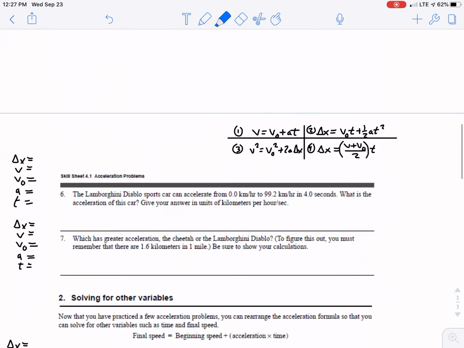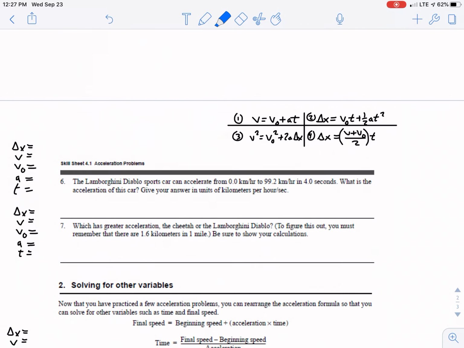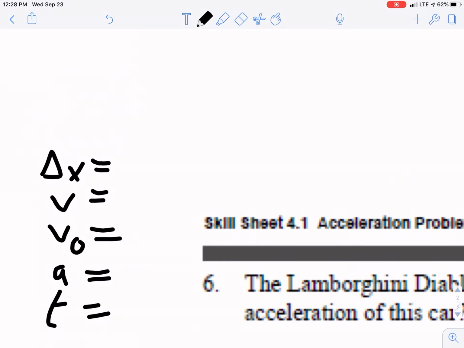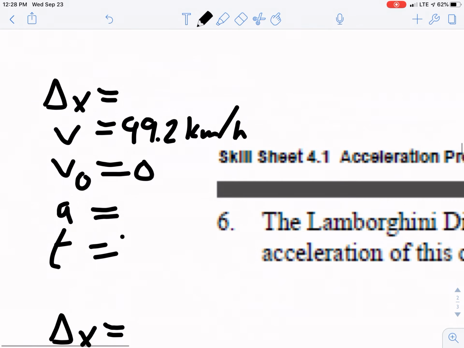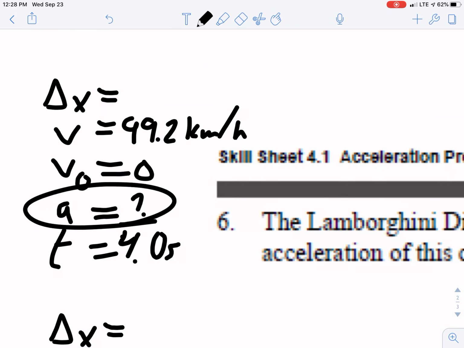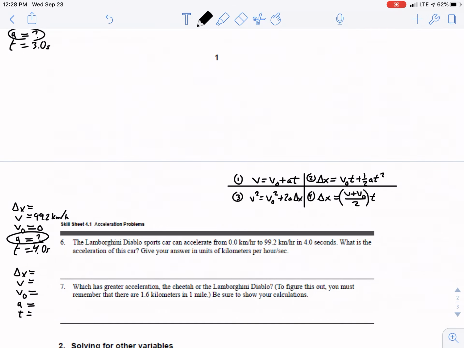Well, in number 6, it's telling us that a Lamborghini Diablo can accelerate from 0 to 99.2 kilometers per hour. So we're going from 0 to 99.2 kilometers per hour in 4 seconds. Again, we want to know the acceleration of the sports car.